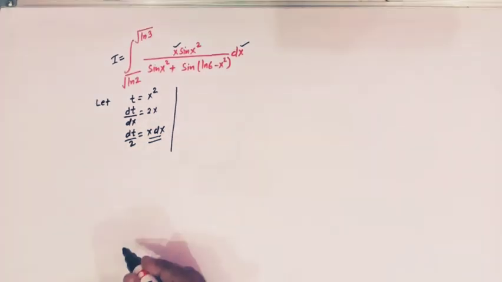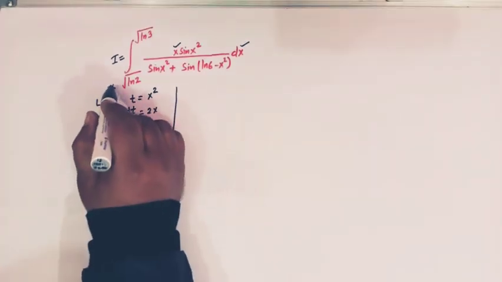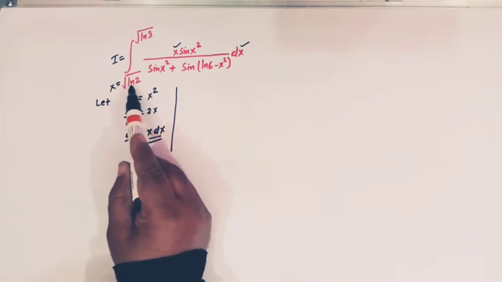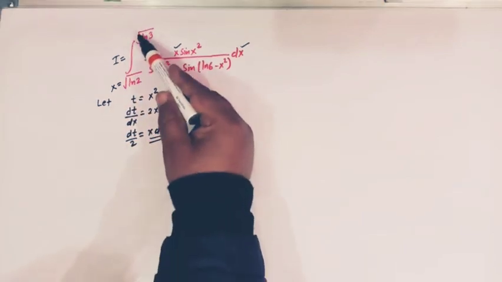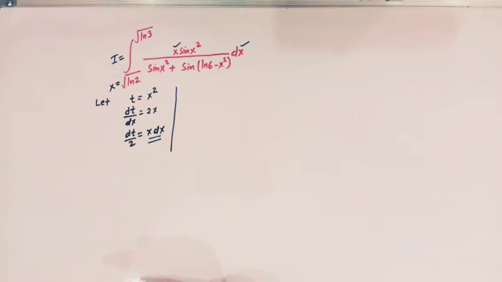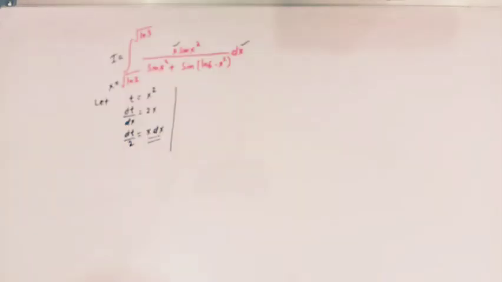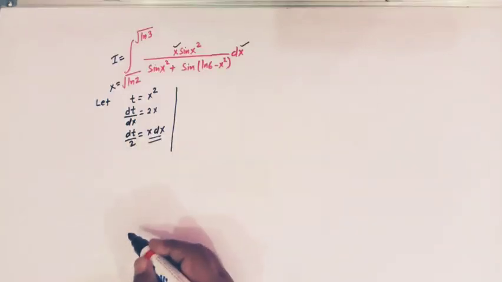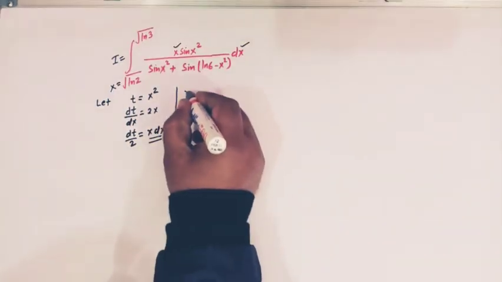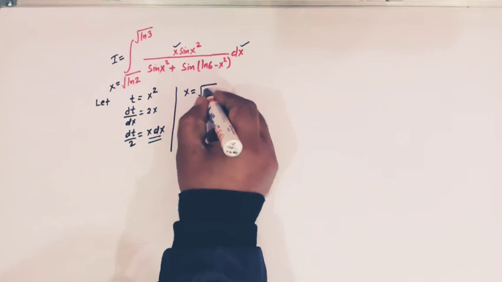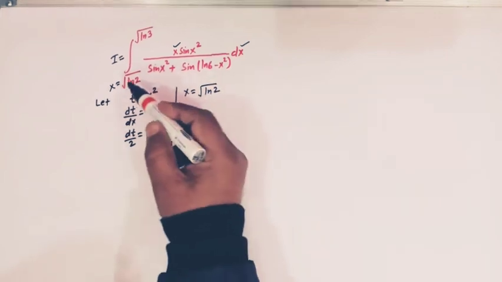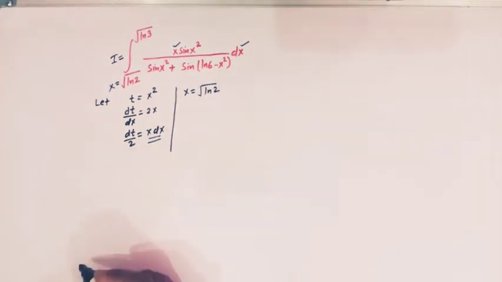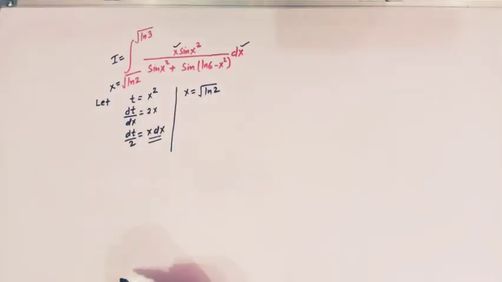Now x varies from √(ln 2) to √(ln 3), so we have to change the limits accordingly. Here ln represents the natural log, the log with base e.